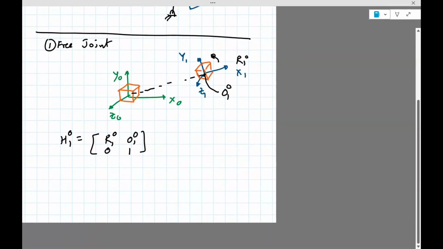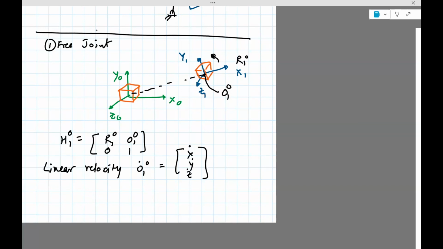Now if you want to compute the linear velocity, how fast does that object move in frame x1, y1 with respect to 0, you just have to take the derivative of O10. So this will give you x dot, y dot, z dot.